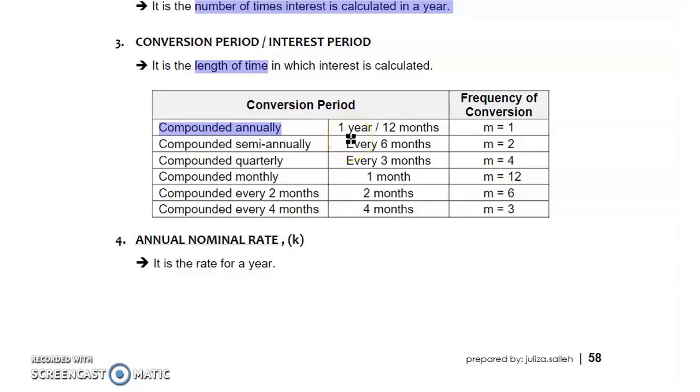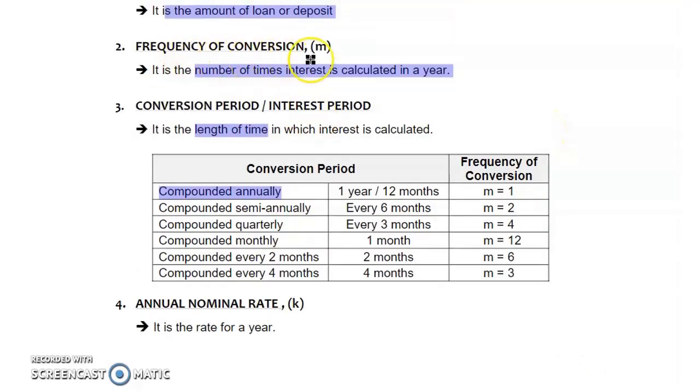Now look at frequency of conversion. What is the definition of frequency of conversion? It is the number of times, or the frequency, the interest is calculated in a year. Be careful with this definition: in a year, in 1 year.